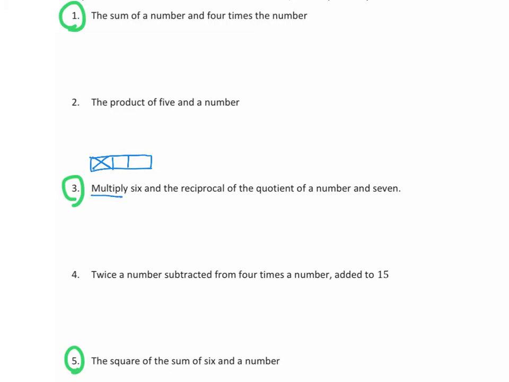Multiply, I'm multiplying 6. So one of the things I'm multiplying is 6. So I'm multiplying 6 and something else. I'm multiplying 6 and the reciprocal. Reciprocal means opposite. So when we talk about fractions, if I had 1/2, the reciprocal would be 2/1. Okay? So I'm going to be doing this to whatever comes next. I'm going to do the reciprocal of this next part.